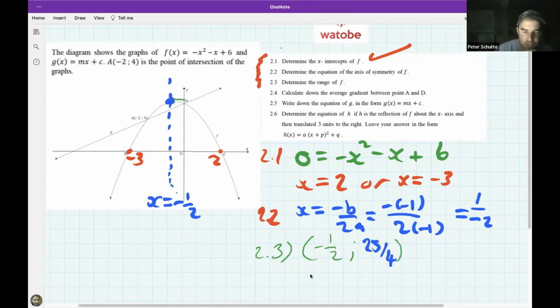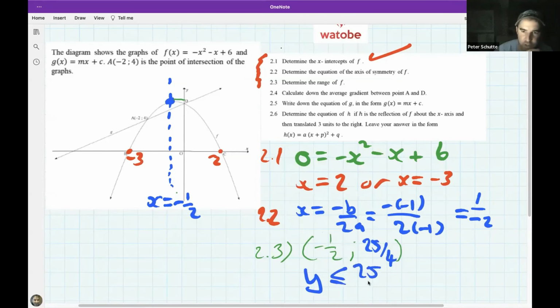All right, so now what's the range going to be? The range is going to be about the y's. And what else do we know about the y's? Okay, is it going to be greater than, or is it going to be less than? Okay, so Dawn, the a value can be negative. Yeah, it can be. It's going to be less than, Oratile.